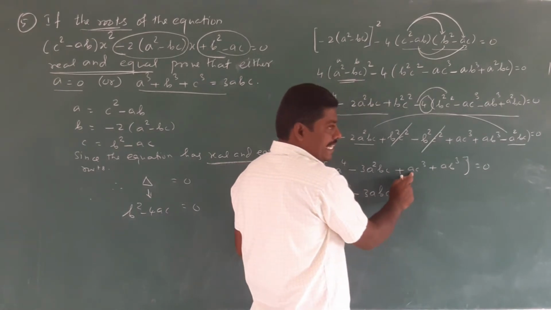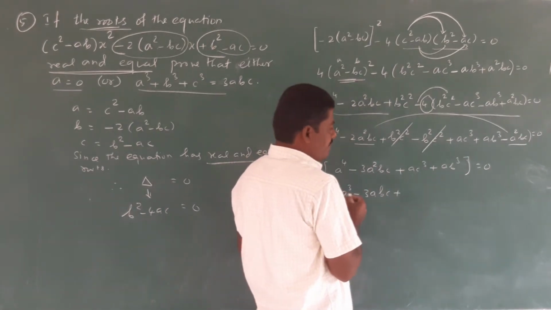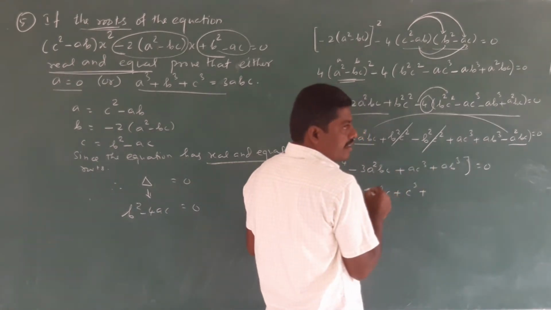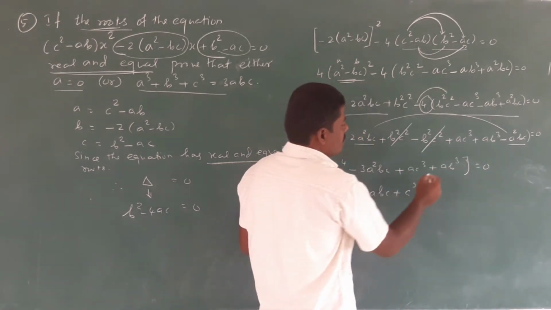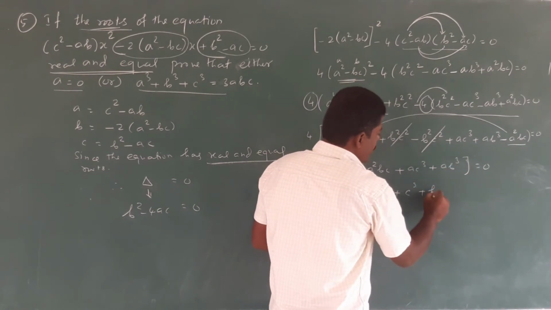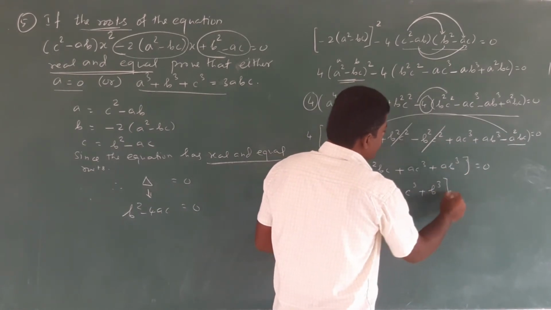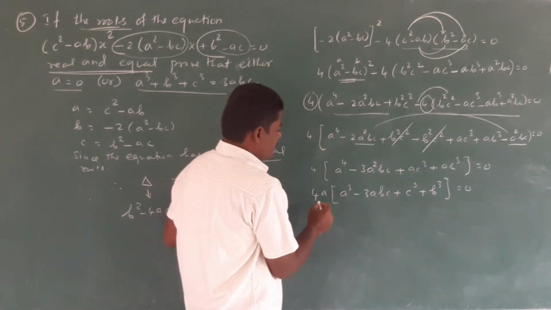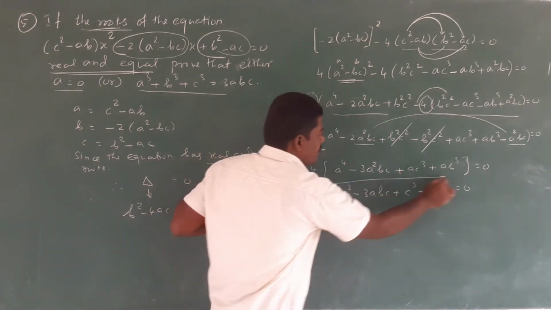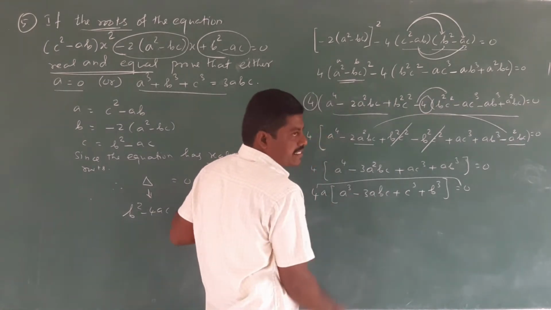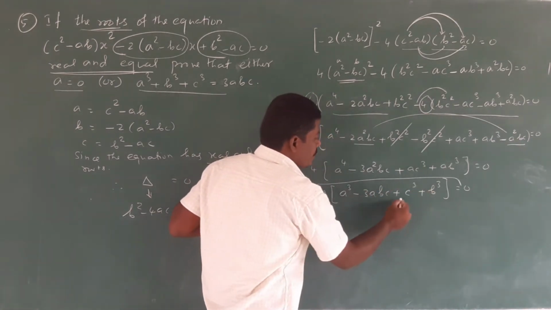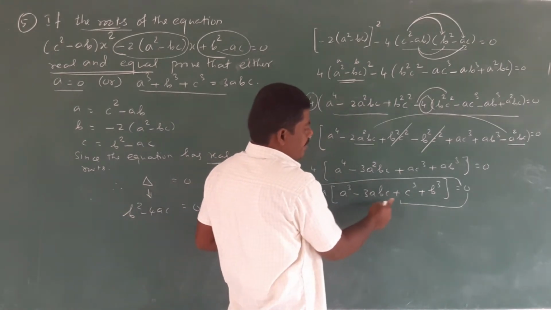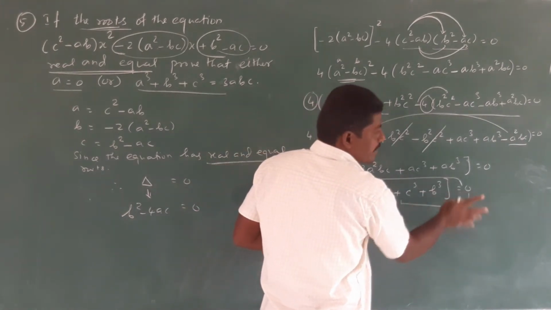Plus only 1 A is there, already taken outside, so it becomes C cube, plus B cube remaining, which is equal to 0. This we can write as 4A equal to 0 and A cube minus 3ABC plus C cube plus B cube equal to 0. These are the two factors.